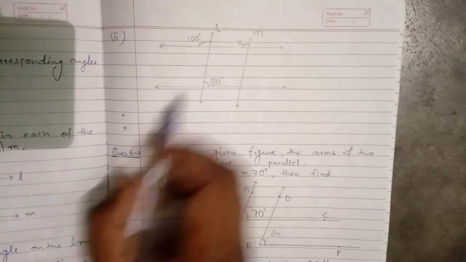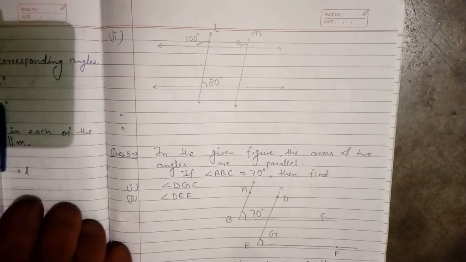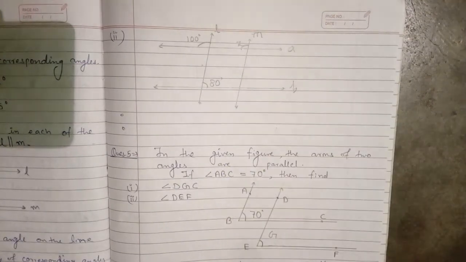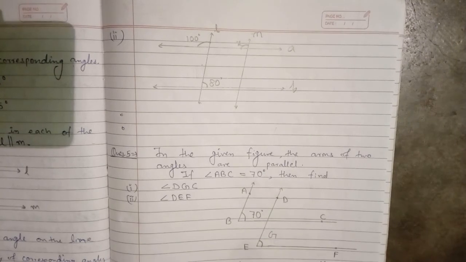Here L and M are lines, and lines A and B are given to us, and we have to find the value of x.